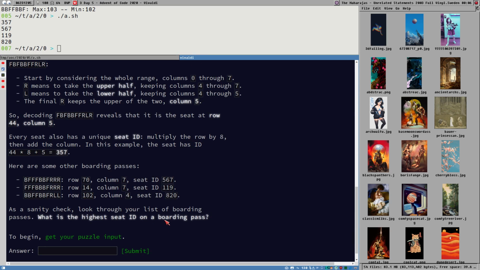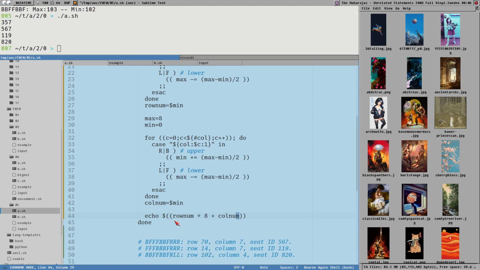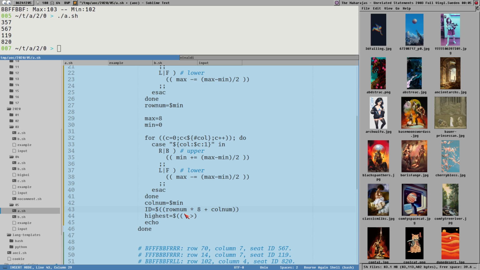And what is the highest on a boarding pass? Okay, so then we also test that. Highest is equal to... we can do it here. ID is equal to this here.